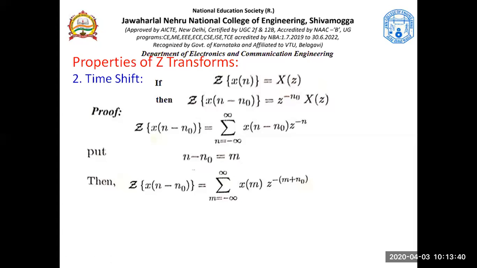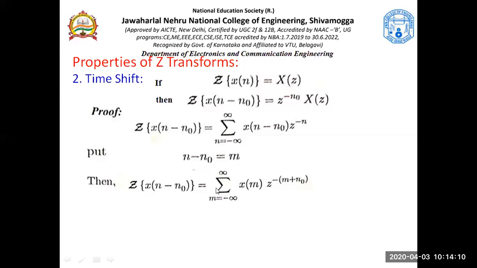Now, again, you have to think, how can we split this power of z? This is z to the power of minus m into z to the power of minus n naught. Understand that? So we have two powers of z here, z to the power of minus m and z to the power of minus n naught. Now tell me which power of z has no job to do within this summation.